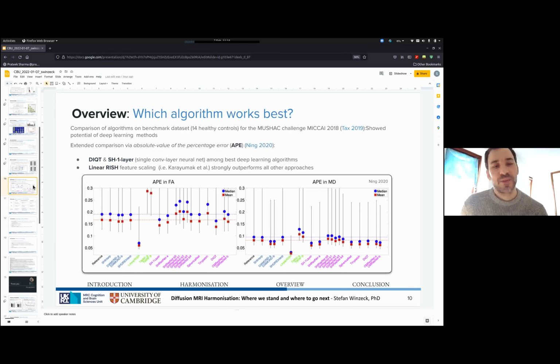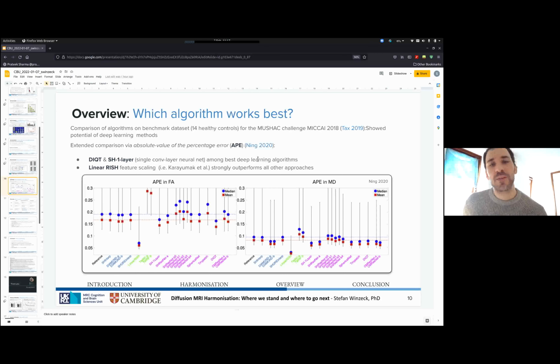Okay, so that paper's by Ning, I guess. Yes, exactly. This paper is by Ning, the most recent one, where they showed also linear RISH feature scaling. In the original one, they didn't have linear RISH feature scaling. But here, you're right, linear RISH feature scaling is much better than all the other deep learning models. But this paper was published before the other one, before the Moyer 2020.